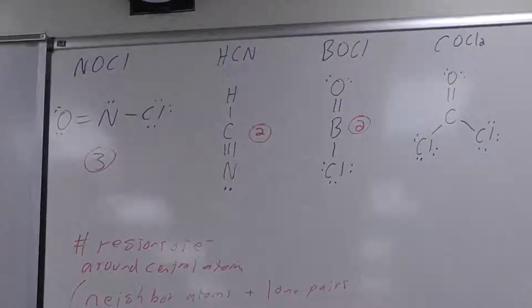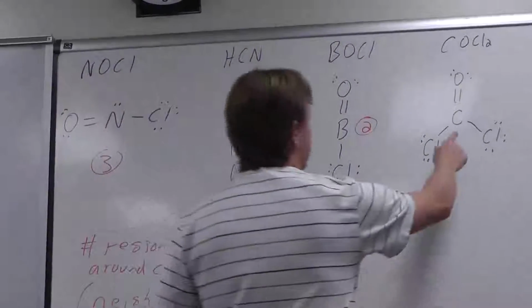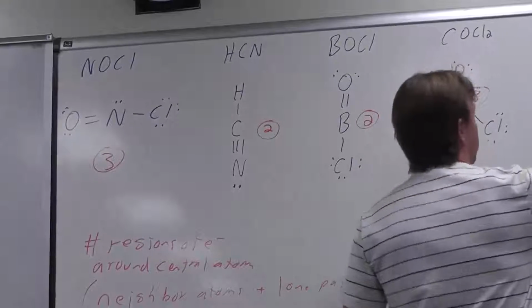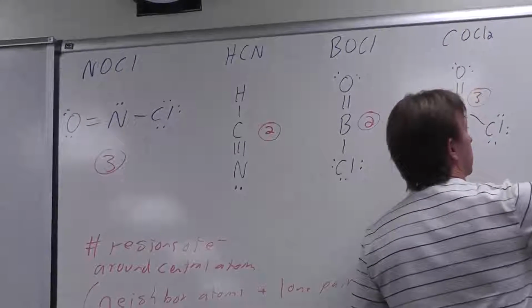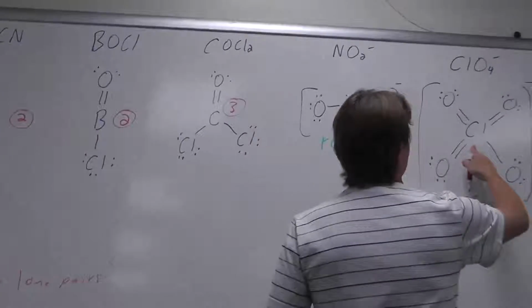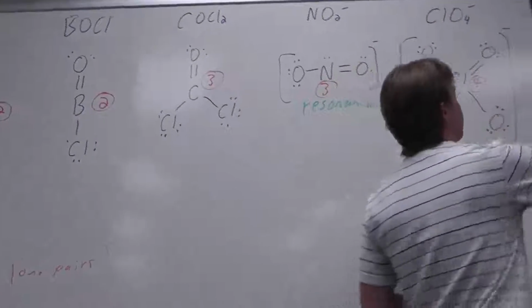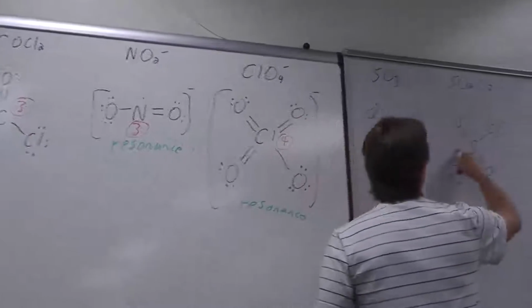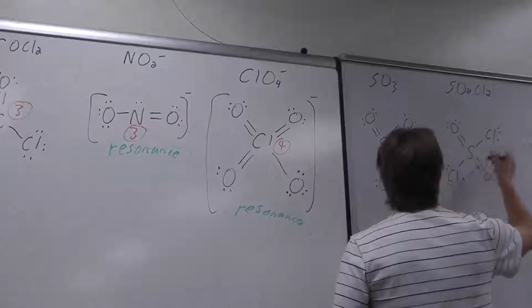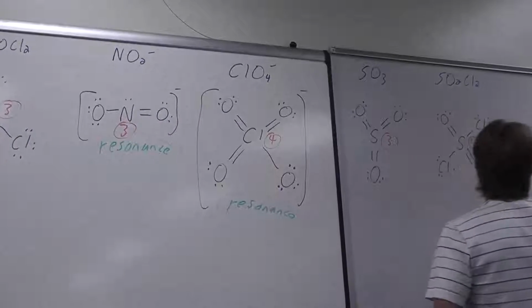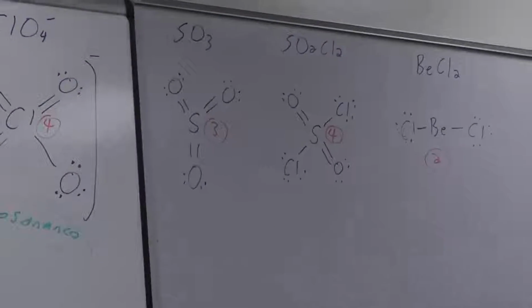So just two locations. This carbon, this nitrogen, this chlorine, 4, this sulfur, this sulfur, and then the beryllium. All right. Question about that?